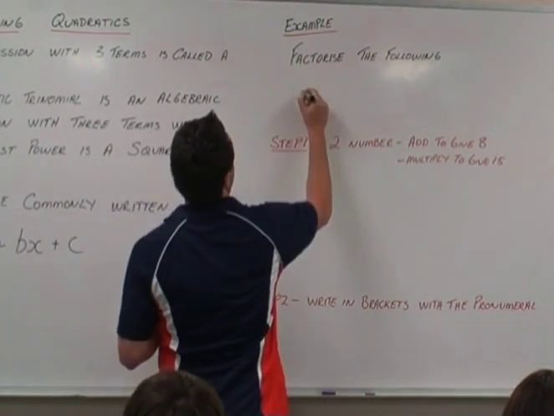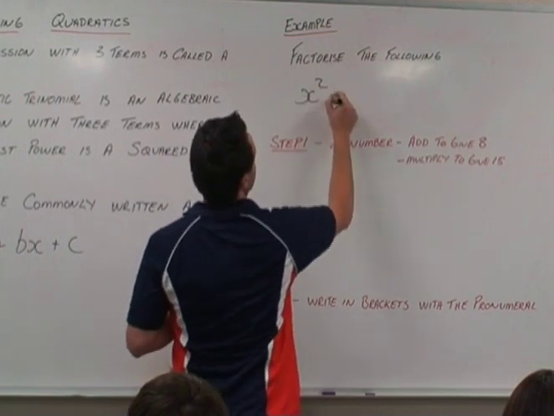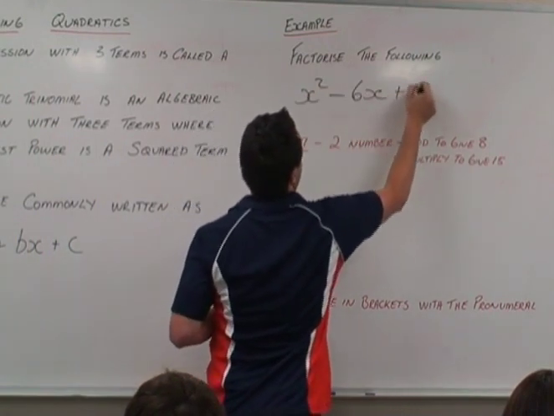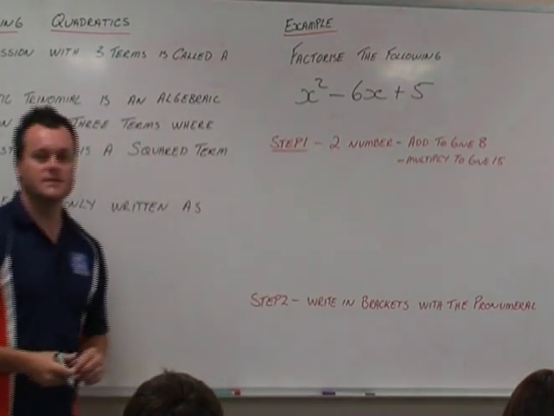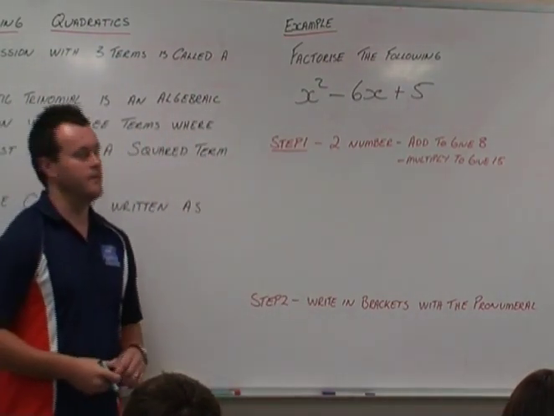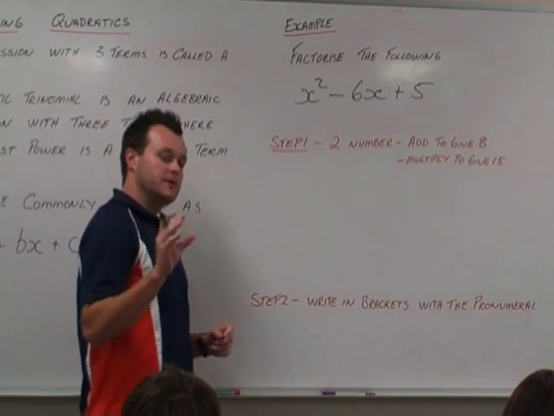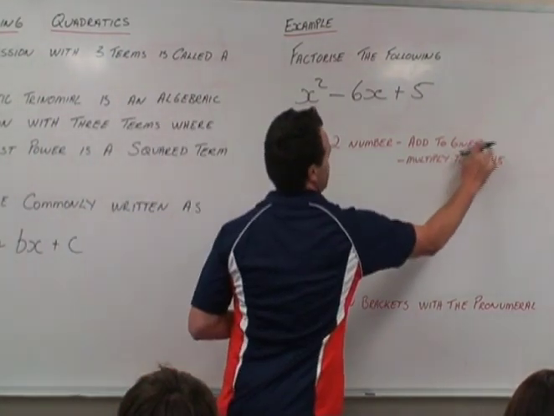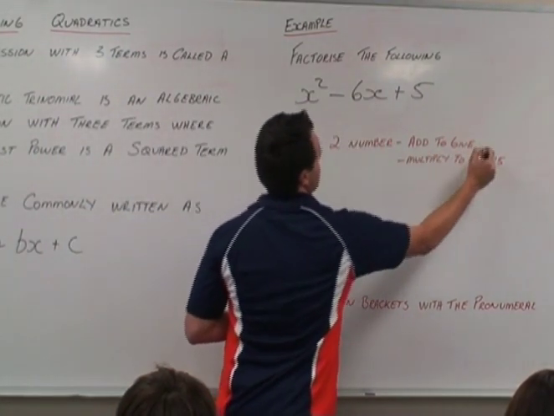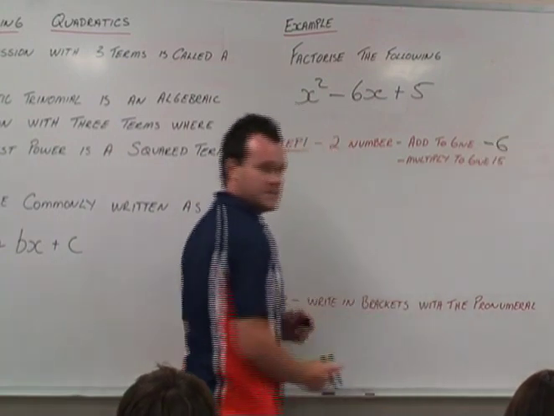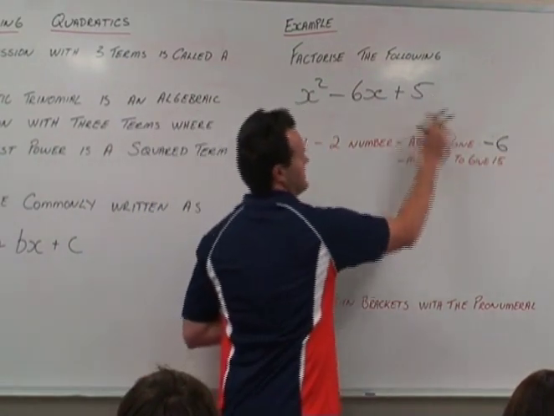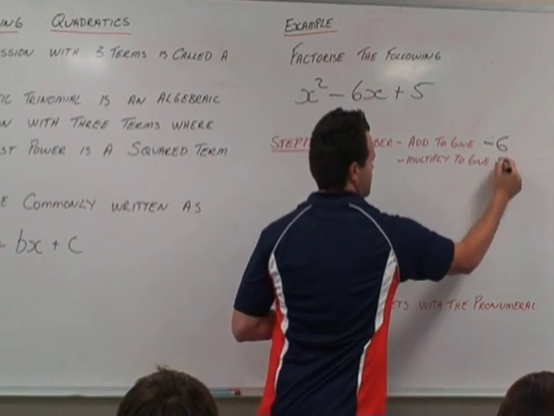Let's do x squared minus 6x plus 5. Again, we're looking for those two numbers that this time add to give negative 6 and multiply to give 5.